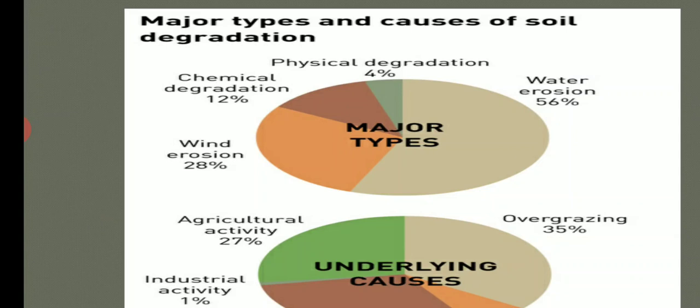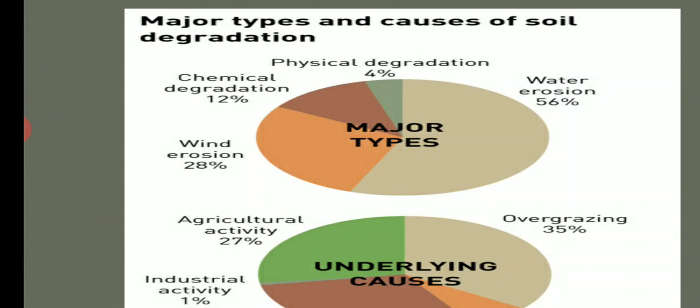What is meant by that? It is where we do not use proper methods of cultivation. We do not do crop rotation. As you all know, if we grow one crop after another and another, naturally the soil will lose its fertility.